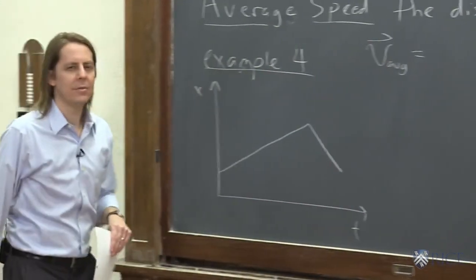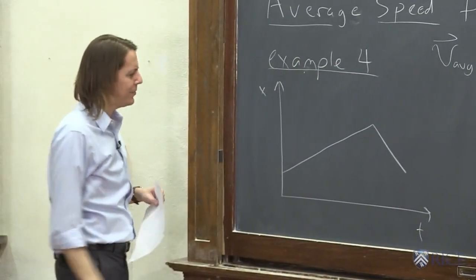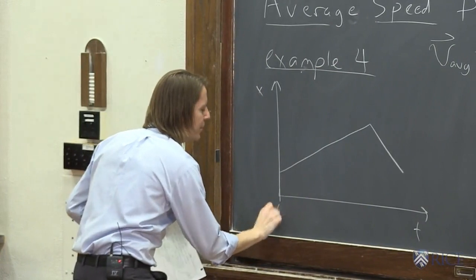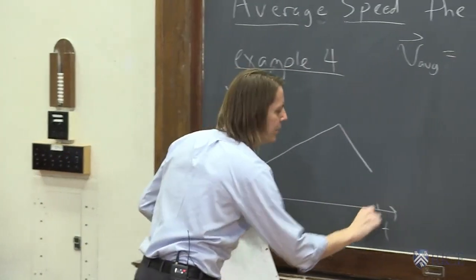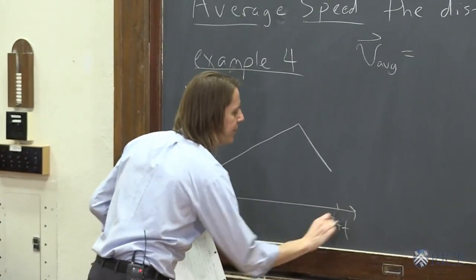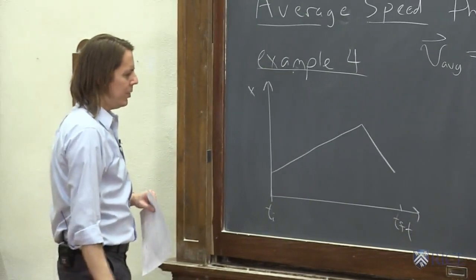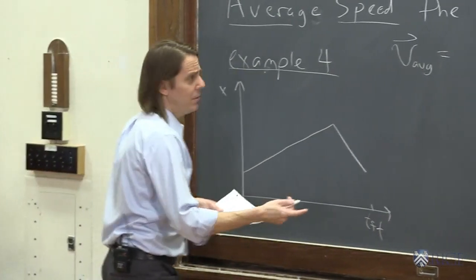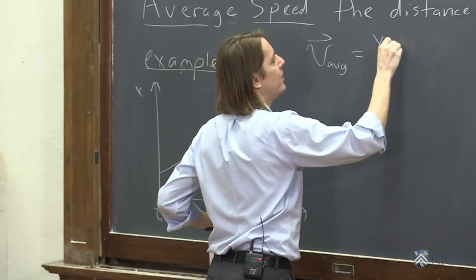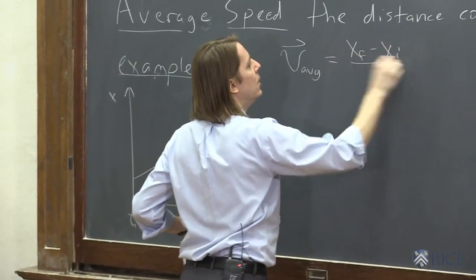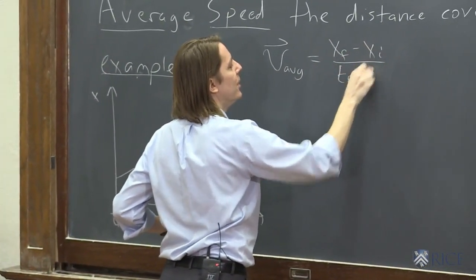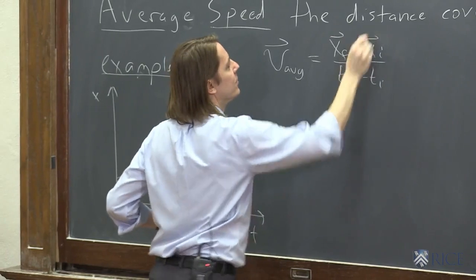For the entire trip, what's the average velocity? For the entire trip, we could call this Ti, and this Tf. Okay. What would the average velocity be? Well, it would be x final minus x initial over t final minus t initial. That's what it always is.